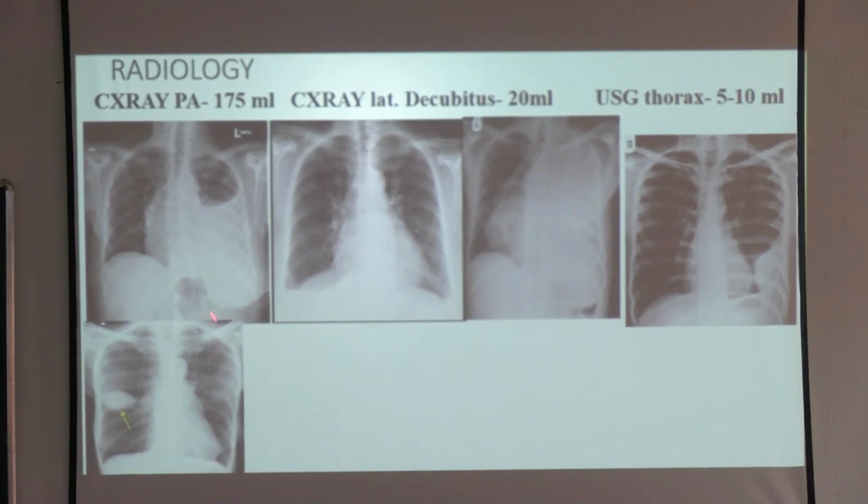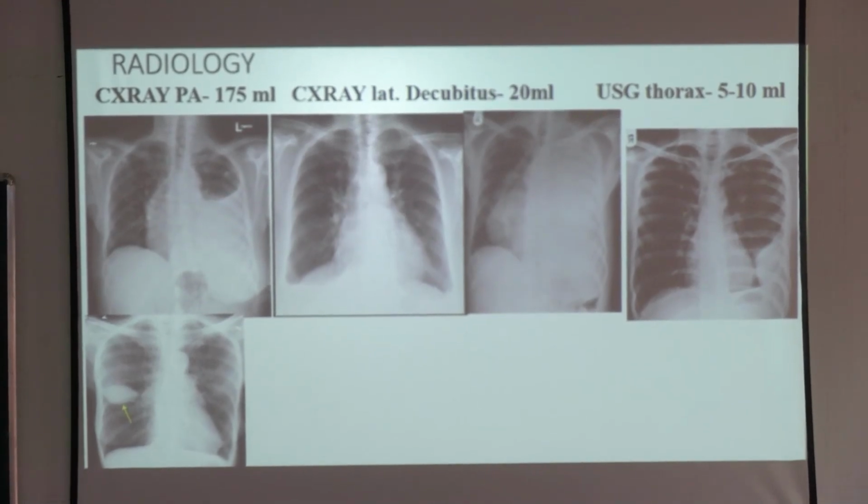And what is this? This is the horizontal fissure. Pleural fluid accumulates inside the fissure. This is called intrafissural effusion, right? This is also termed vanishing tumor or phantom tumor.